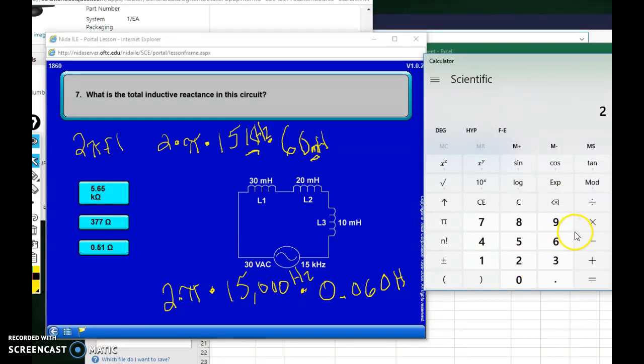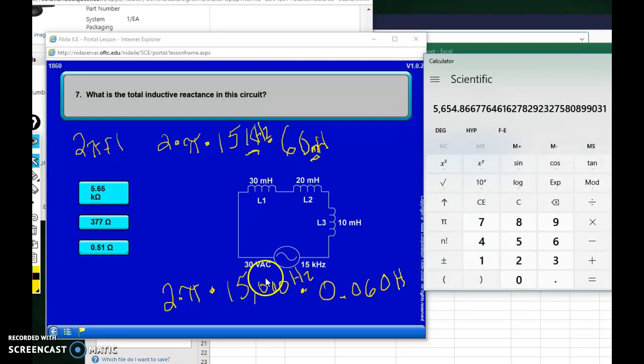So I'm going to say 2 times pi times 15,000 times 0.060. And notice we got the exact same answer, 5,654, which rounds out to here. So we could do it either way.